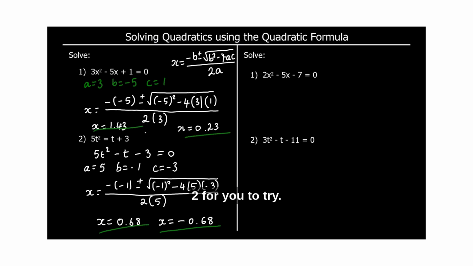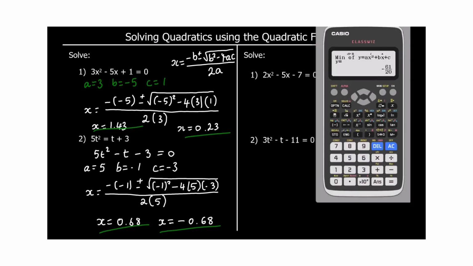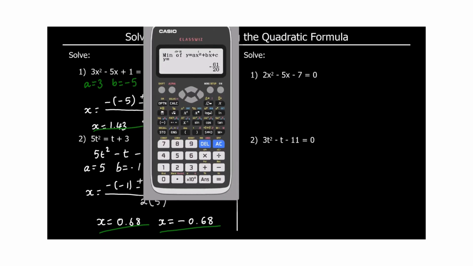2 for you to try. Use the quadratic formula, give them a go, and if you can, if you've got the calculator, check your answers on the calculator. So the first one, a is 2, b is negative 5, and c is negative 7.